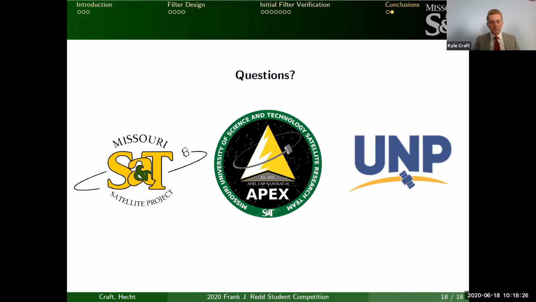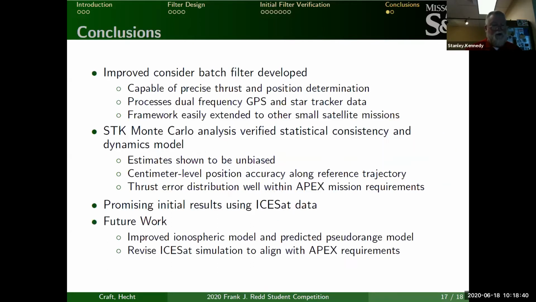Can you talk just a little bit about your future work efforts, and can you expound a little bit on the true time transmission of GPS, improved position accuracy, thrust determination, et cetera? Yeah, so one of our proposed ideas for the biggest contributor of error is the delay due to the ionosphere.